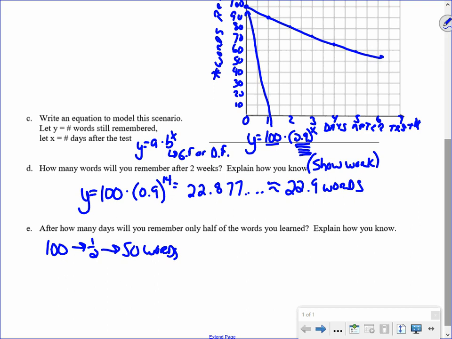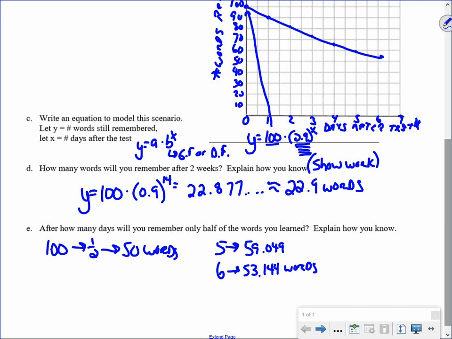Well, if you look back up at the top, at 5 days, we remembered 59.049 words, right? So if we try to plug in 6 days, 0.9 to the 6th power times 100, at 6 days is 53.144 words.